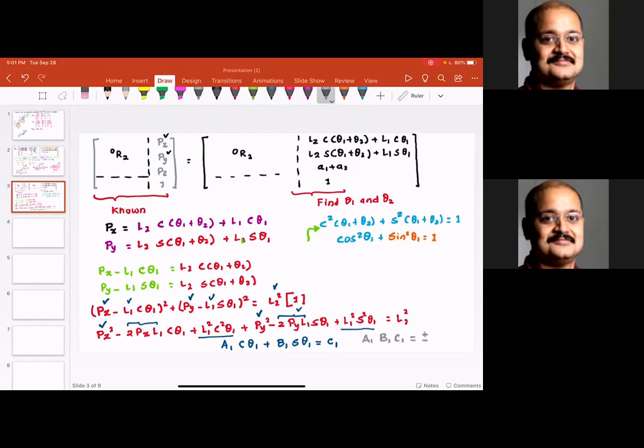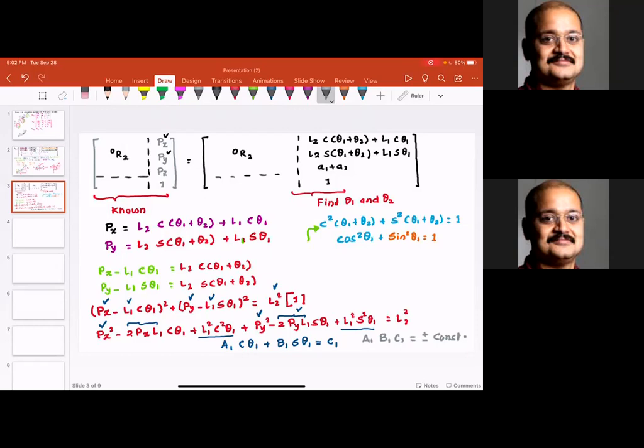They could be positive or negative. So at the end, that big problem gets resolved into solving this equation: a1 cosine theta 1 plus b1 sine theta 1 is equal to c1.